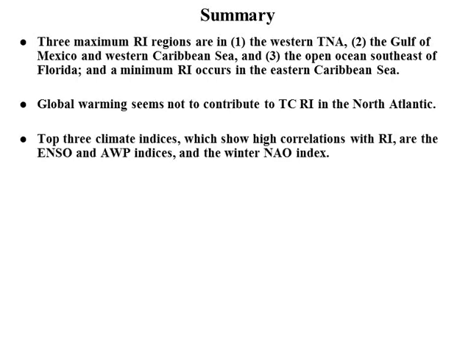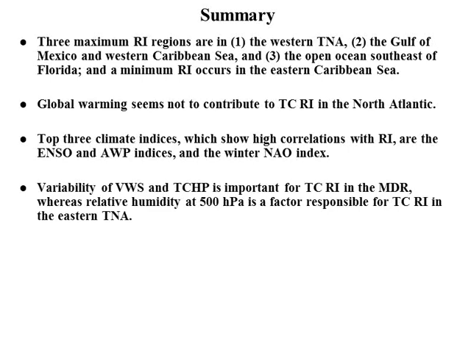The top three very important indices are the ENSO index, the Atlantic warm pool, and the AO index. For RI, SST is not important, okay? So if you want to study RI, forget about SST. Vertical wind shear, but I'm not very sure.